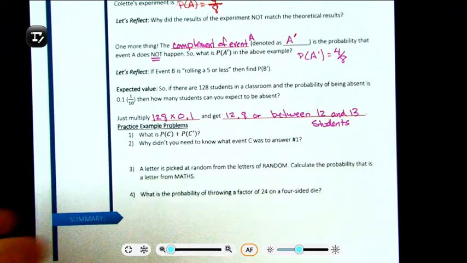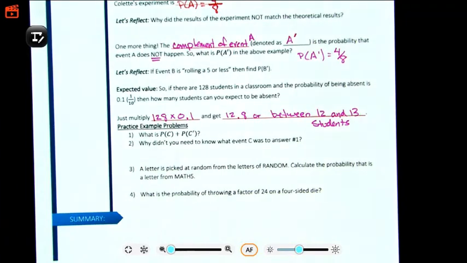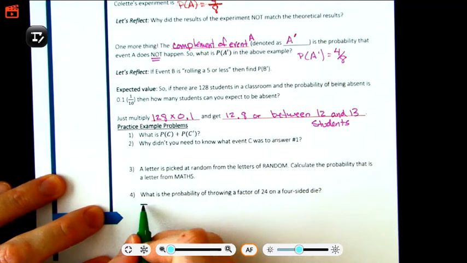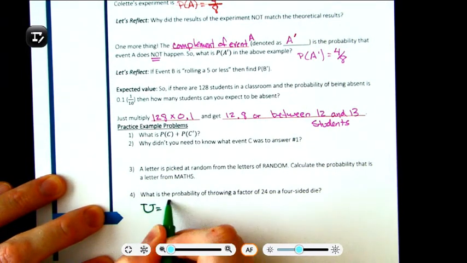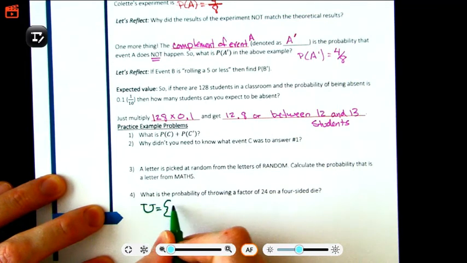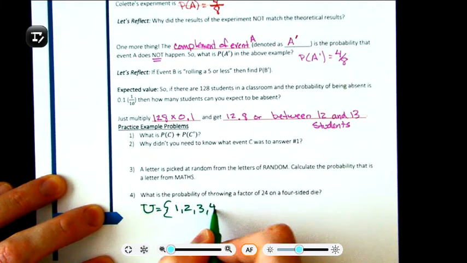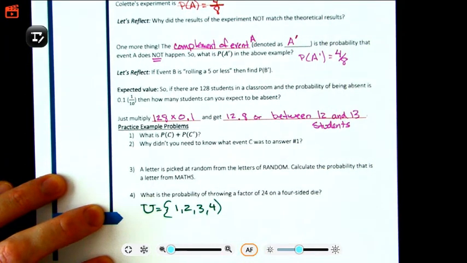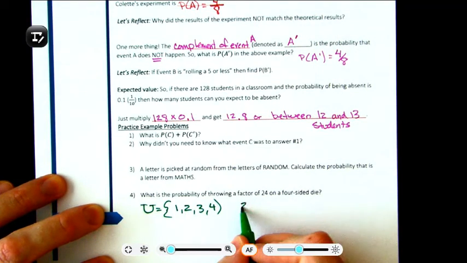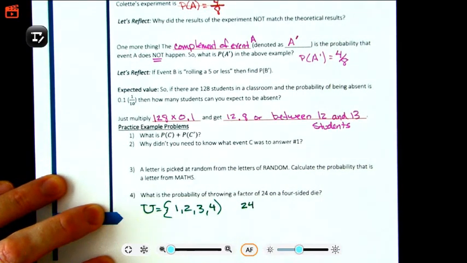It says, what is the probability of throwing a factor of 24 on a 4-sided die? Well, I assume that my 4-sided die, the universal set, would be, that is a horrible brace, I'm very sorry, 1, 2, 3, and 4. Now, a factor is a number that 24 can be divided by. So 24 can be divided by 1, 2, 3, and 4.